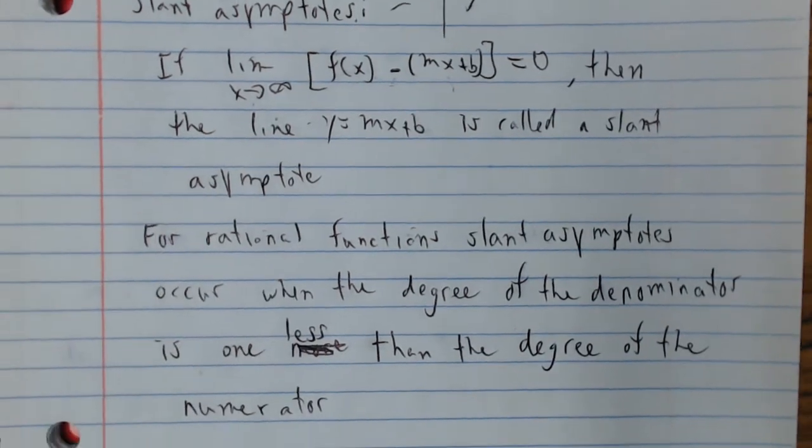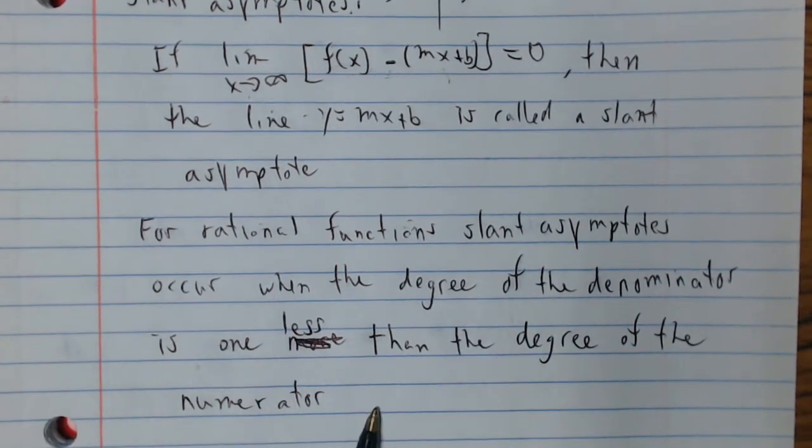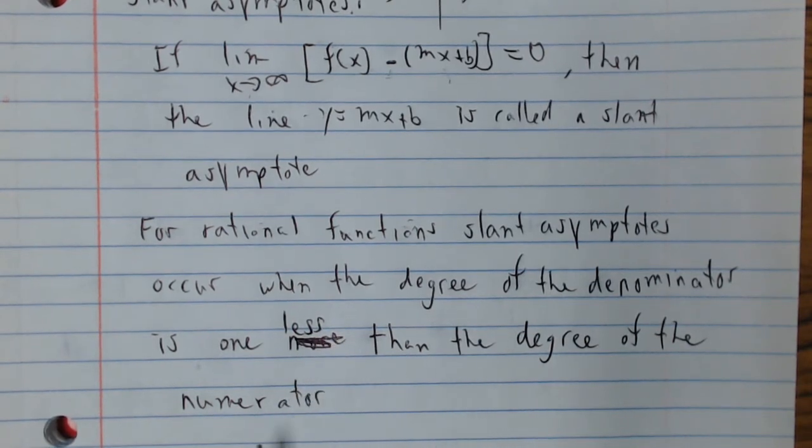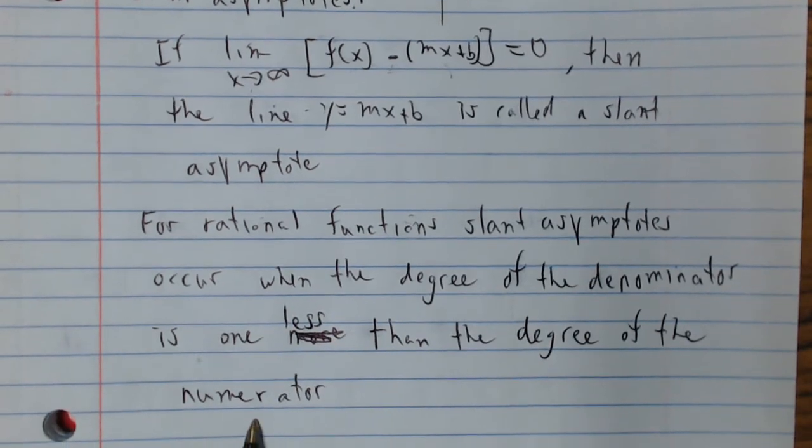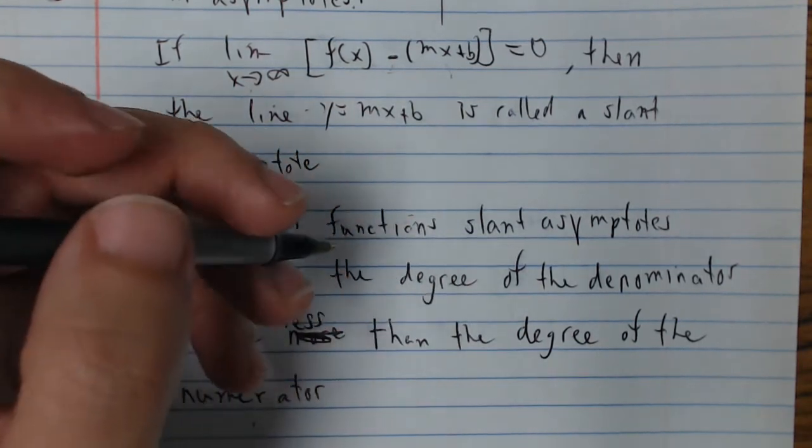If you remember, when you look at your rational function, if the degree of the denominator is one less than the degree of the numerator, then we know that we are going to have a slant asymptote.